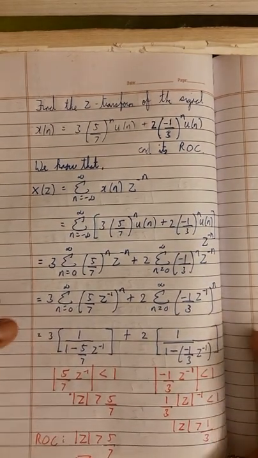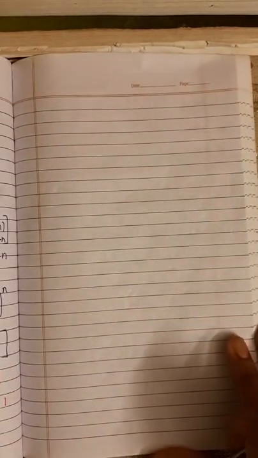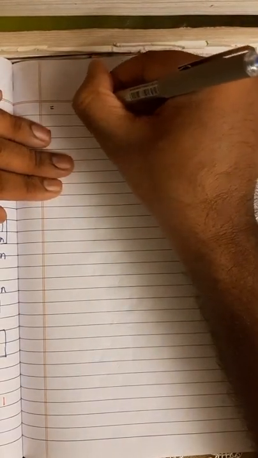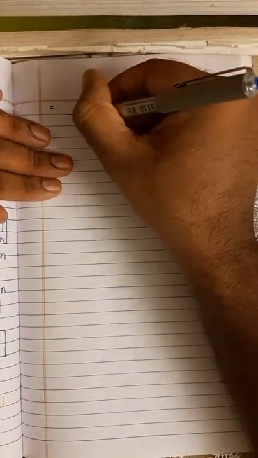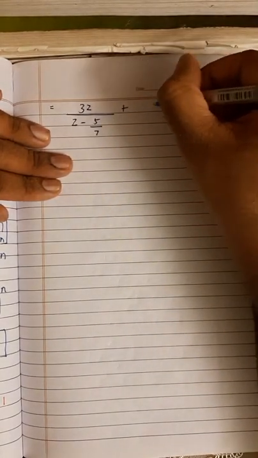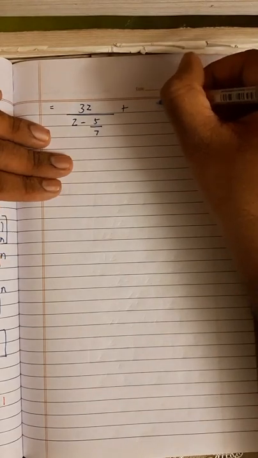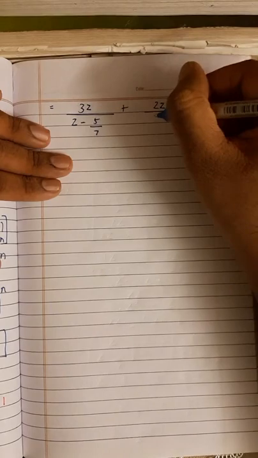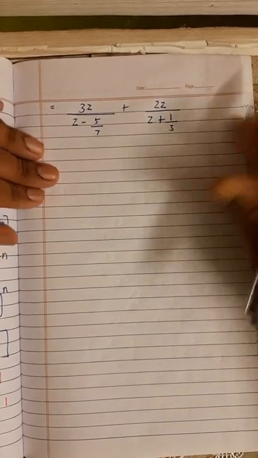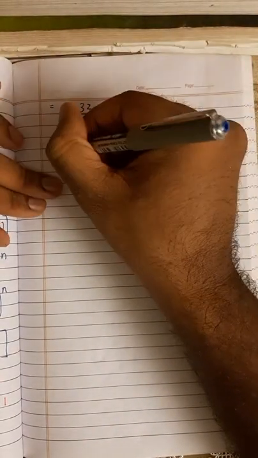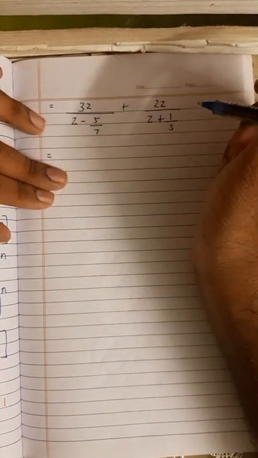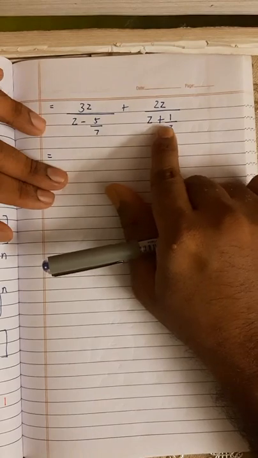Okay, so now the next step you are going to do is you are going to write this is equal to, I can write this as 3Z by Z minus 5 by 7 plus, here also I can take Z inverse as LCM, so it will go 2Z by Z plus 1 by 3. Okay, so I found that this can also be written as, now if I take LCM, cross multiply and all that, this will become 3z square plus 1 by 3.